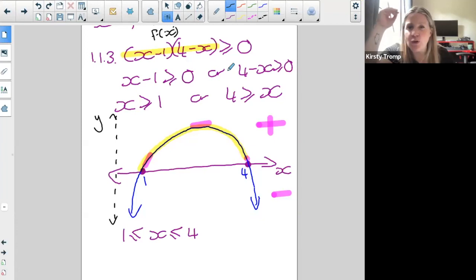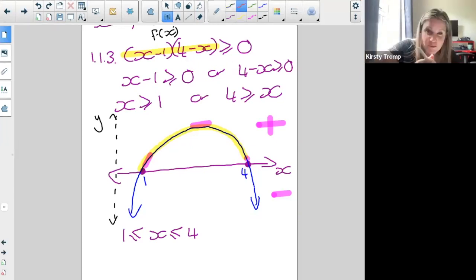Tando's asking, do we get a mark for the graph? No, Tando, you don't get a mark for the graph, but the graph is there to help you get the final answer. Your mark is going to come in here. I'm just looking here, Tando, apologies.